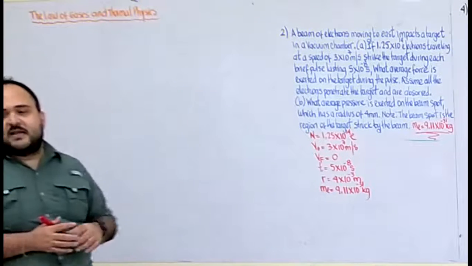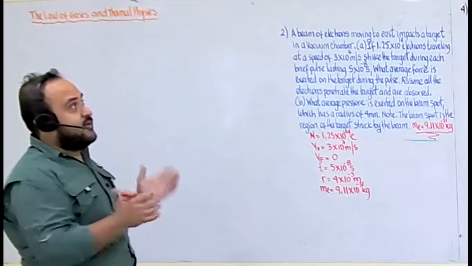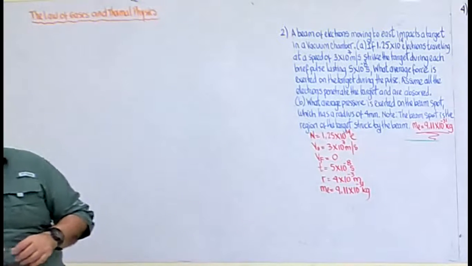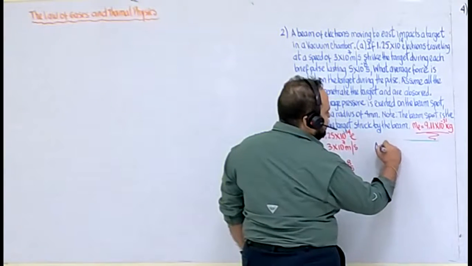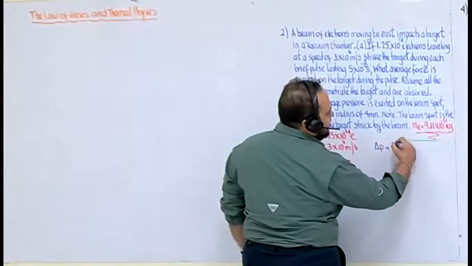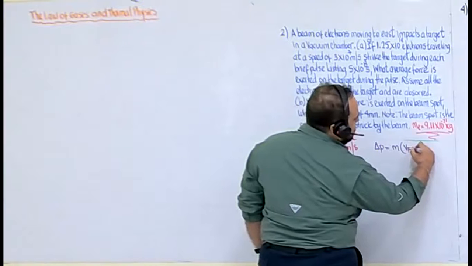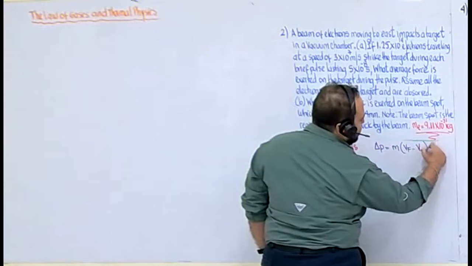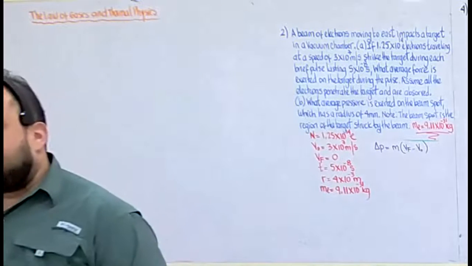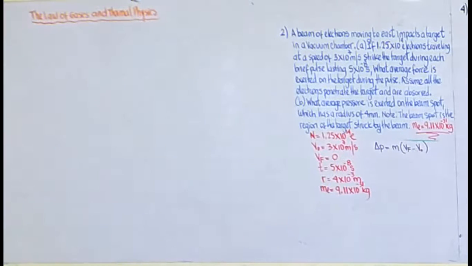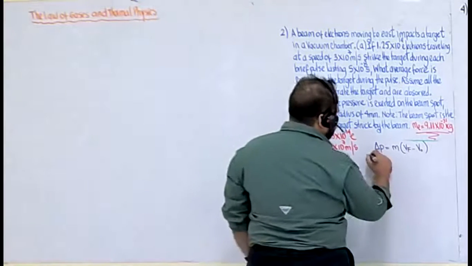This is going to be the full data of the problem. What will be the next step? We have a collision. All right. So we're going to try to calculate the change of impulse. This change of impulse will be given by the product of the mass and the final velocity minus the initial velocity. You remember, just like in the old times, right? So what will be the mass of the electrons?